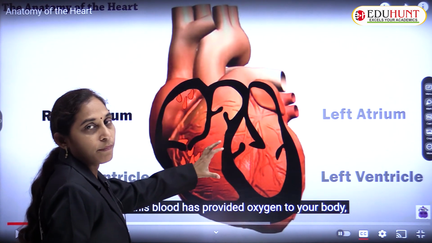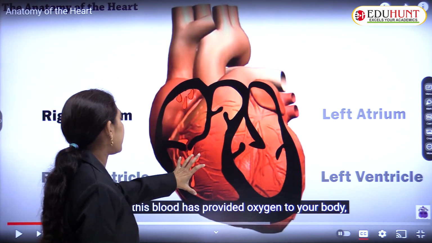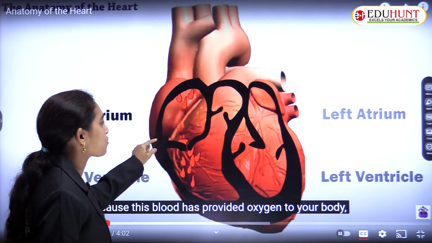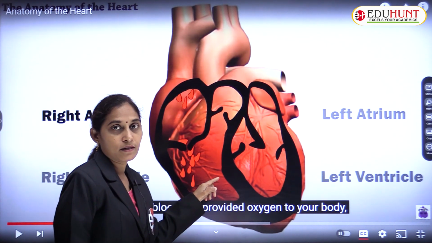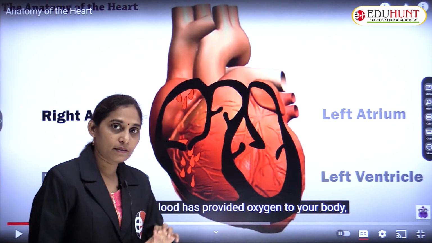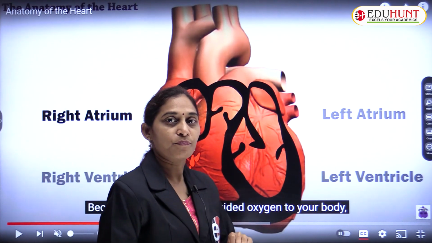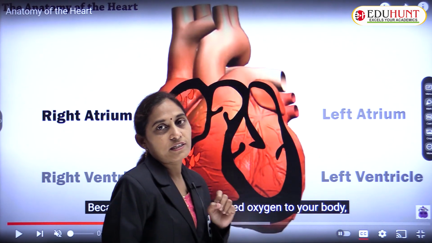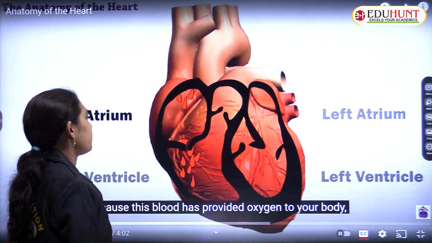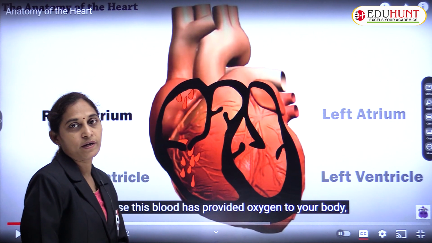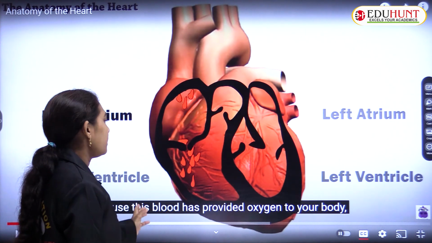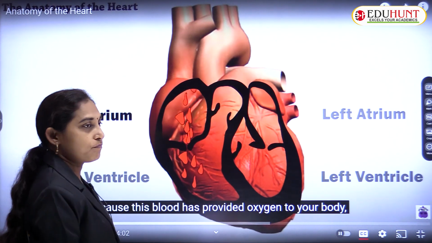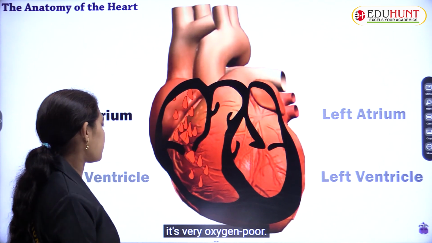Blood from the body parts is received by the right atrium, and then it goes to the right ventricle. The blood that is received by the right atrium is deoxygenated blood. This deoxygenated blood reaches the ventricle. From the ventricle it goes to the lung for purification, for oxygenation.